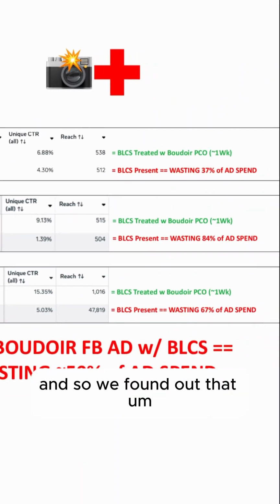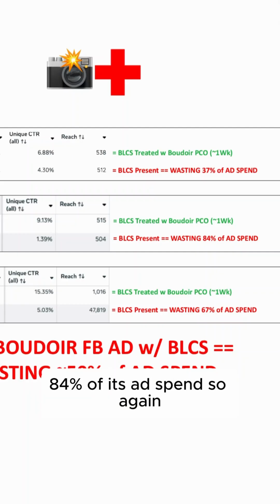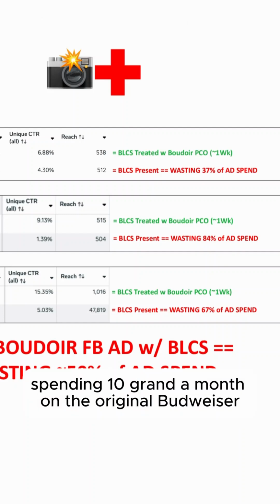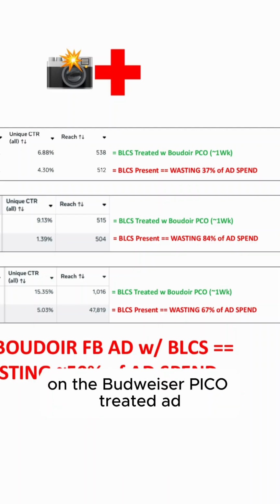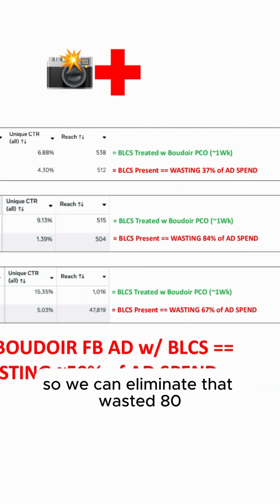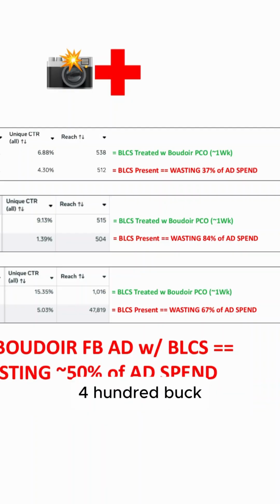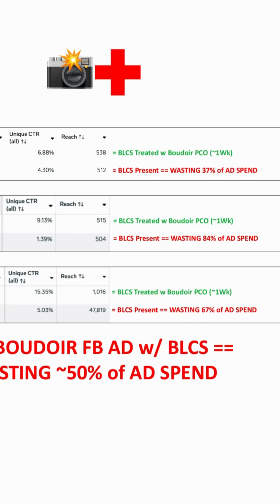And so we found out that the original Boudoir Facebook ad was wasting 84% of its ad spend. So again, if they're spending 10 grand a month on the original Boudoir Facebook ad, now all we have to do is spend 1,600 bucks a month on the Boudoir Pico treated ad, and both options get our ad into the same number of women's brains. So we can eliminate that wasted $8,400 a month in ad spend, pocket that. It's literally like 100 grand pocketed.